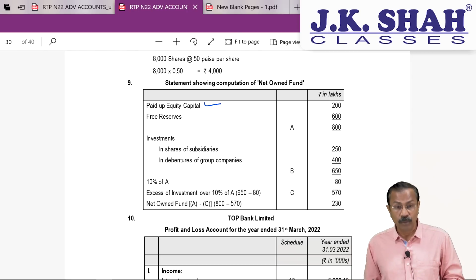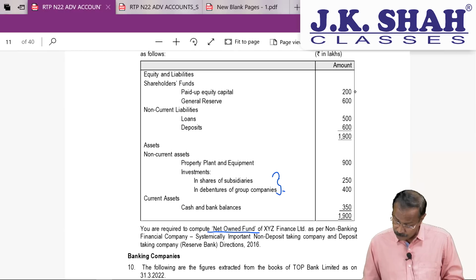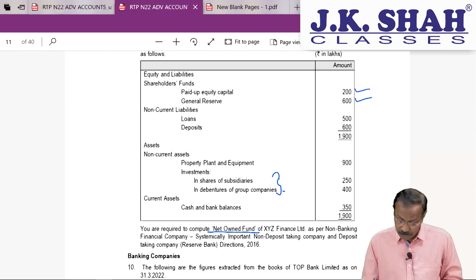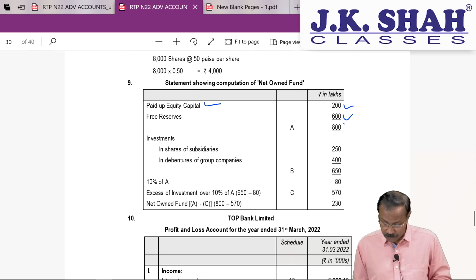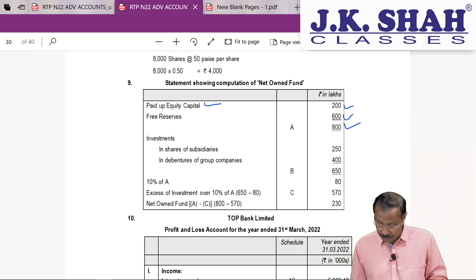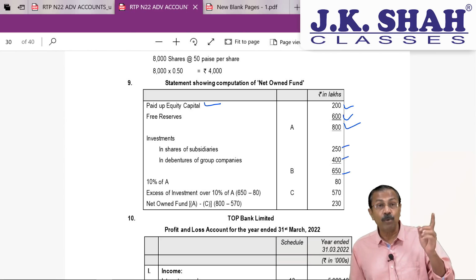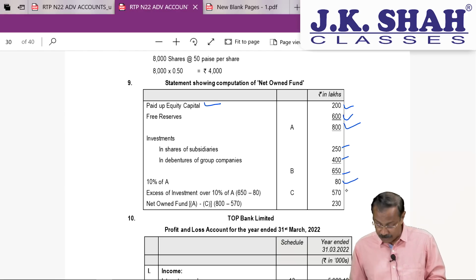equity capital 200 if you see. General reserve 600. So that's 800. Investments are made in subsidiaries 650. Whereas investments allowed should be only 10% of gross owned funds, which is of 800. But they have made an investment of 650. Allowed was 10%. Excess investments is 570.